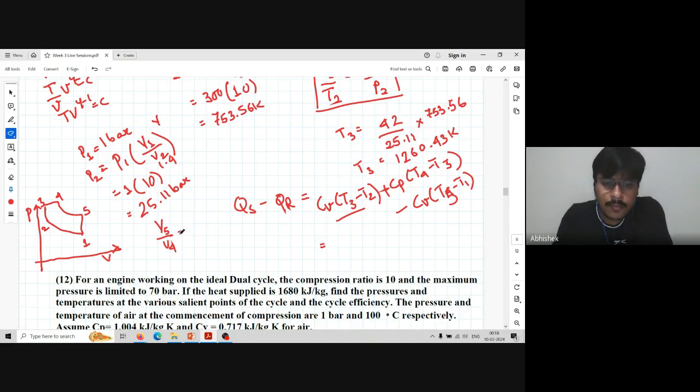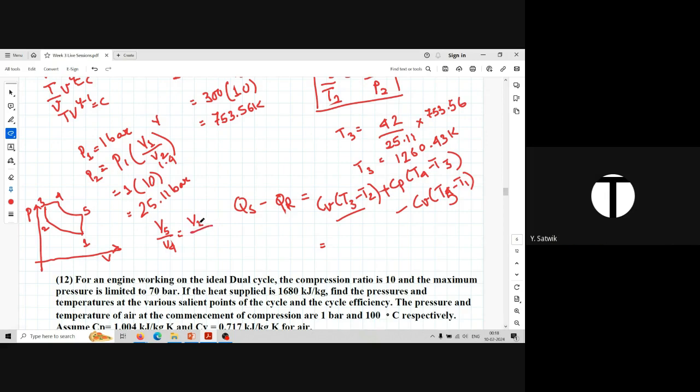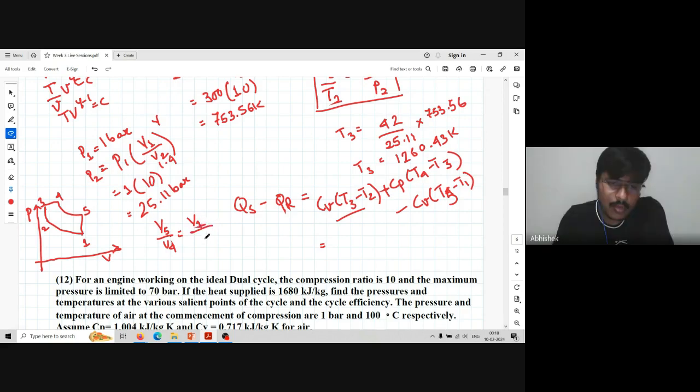How to calculate V5 by V4? Just make a few arrangements. In place of V5, can you write V1? Yes, sir. Now can you divide V2 and multiply V2? Understood?